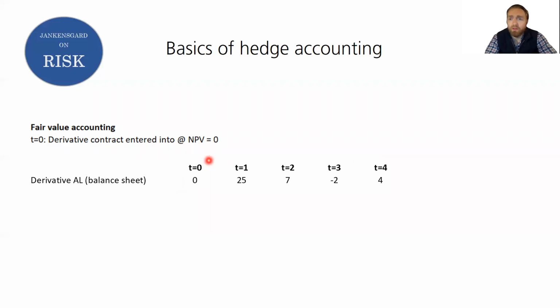It's neither a loss nor a gain initially, right? So we're getting a fair bargain. Then market rates change before we reach the next quarter end, which is here, right? In this case, the change was such that the derivatives now have a positive value. So you've made a gain.